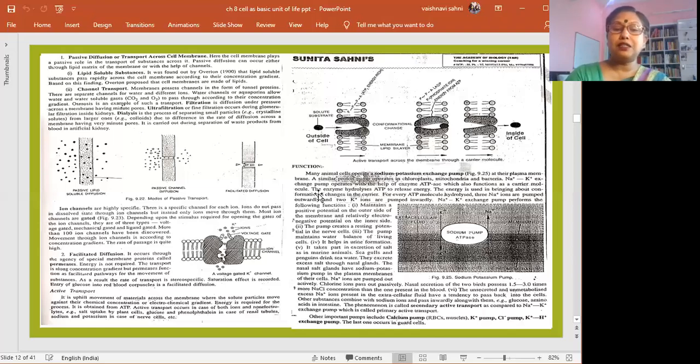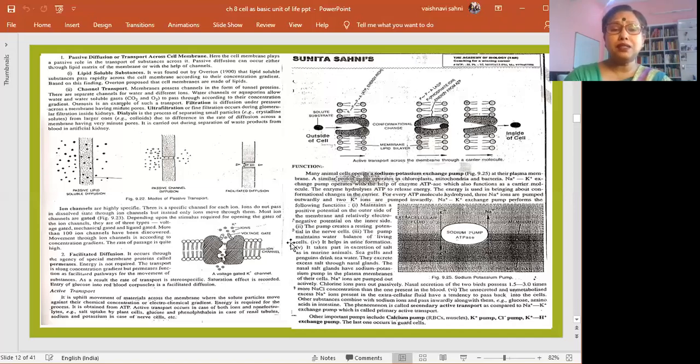A similar proton pump operates in chloroplast, mitochondria, and bacteria, like the sodium potassium exchange pump, which operates with the help of the enzyme ATPase. The enzyme is required to form ATP. It also functions as a carrier molecule.